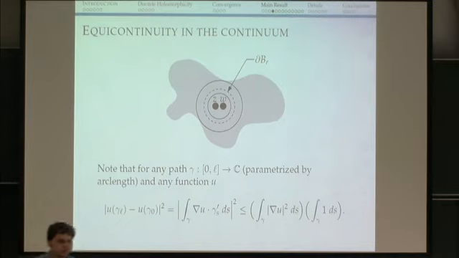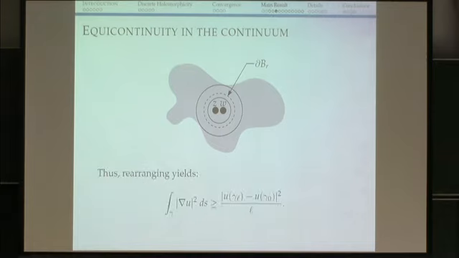And all we're going to do is apply Cauchy-Schwarz to this guy. So you say, what's the difference between the values of the 2 endpoints squared? Well, it's the integral squared, which is less than or equal to the product of those 2 integrals. So all I've done is take my curve and apply Cauchy-Schwarz. And if you rearrange this a little bit, you now get that the integral of the gradient squared along this curve is bounded below by the difference in the function at the 2 endpoints squared, divided by the length of the curve.